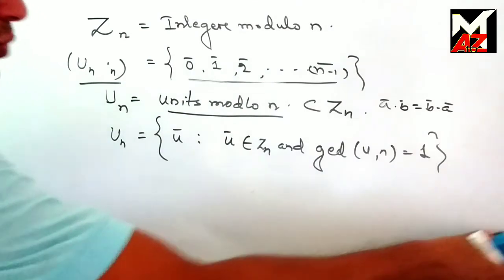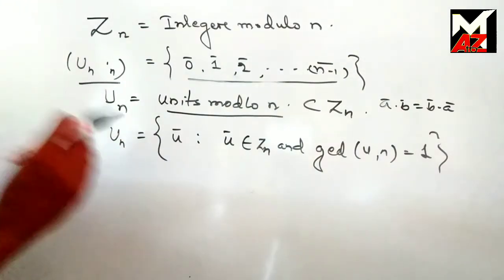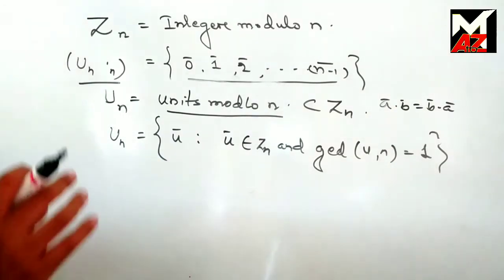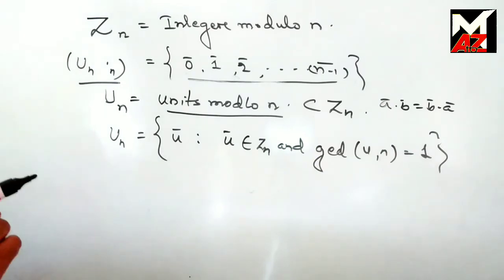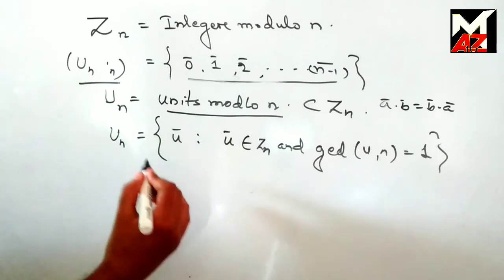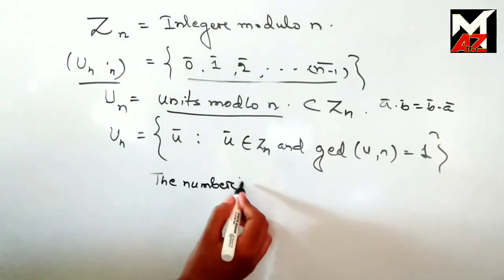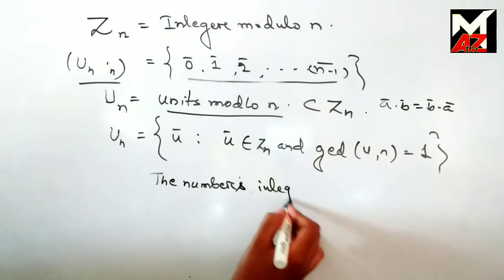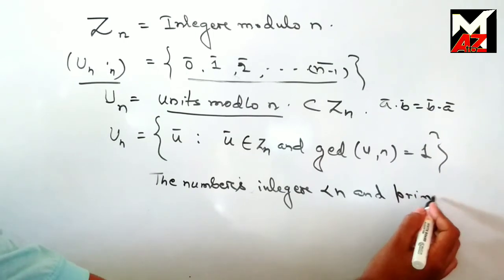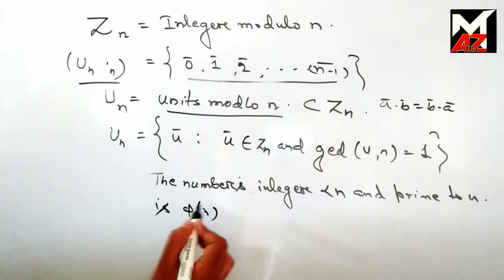Now we have to find the number of elements of Un. We know from number theory, the Euler phi function, that the number of integers less than n and prime to n is phi of n.